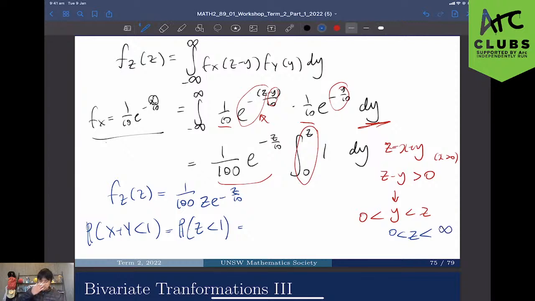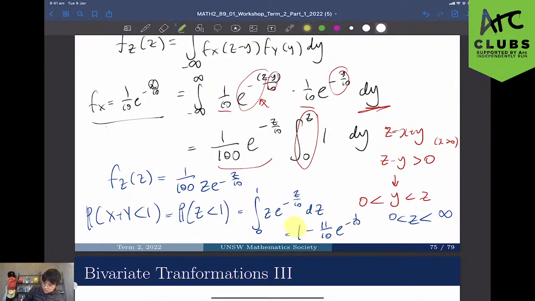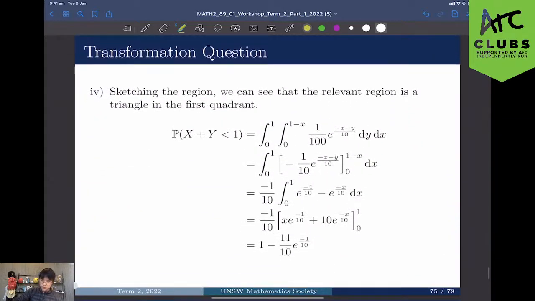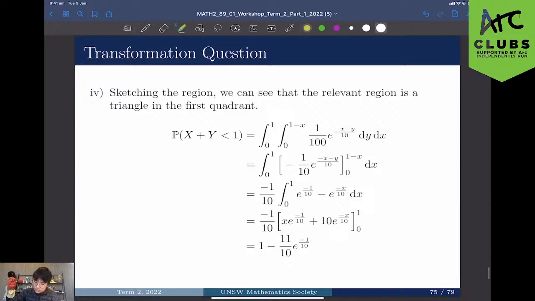So if we want the probability of z less than 1, we just need to integrate the density function of z over 0 to 1, and then we get the result that we want. And here we'll see that using just the double integration method, we got the same answer.